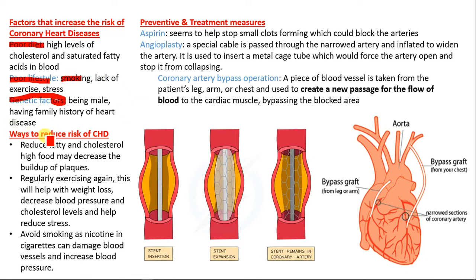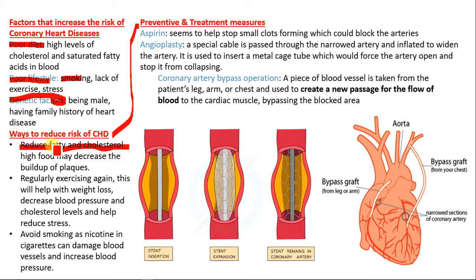So what are the ways to reduce the risks of heart disease? Take note, the ways to reduce the risks of heart disease is different from the ways to treat it. When you have treatment measures, that means you already have it. But in this case, these are ways to prevent it from even happening. So ways to reduce the risks: reduce fatty acid and cholesterol, as a low-fat diet may decrease the buildup of plaque.